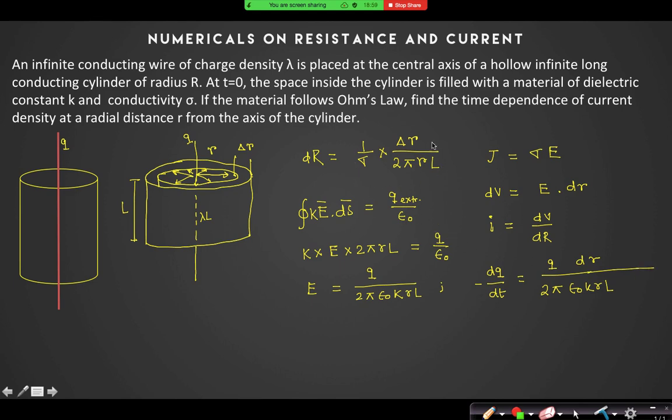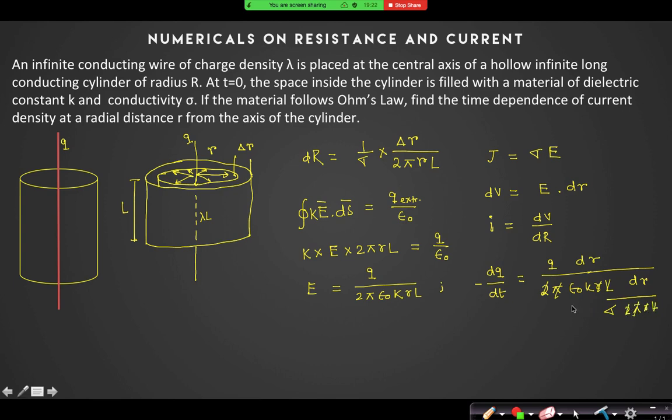I know what is the resistance. I can write it in this way. Resistance is dr divided by sigma into 2 pi rl. So 2 pi rl gets cancelled. Is the minus sign because charge is flowing out from there?